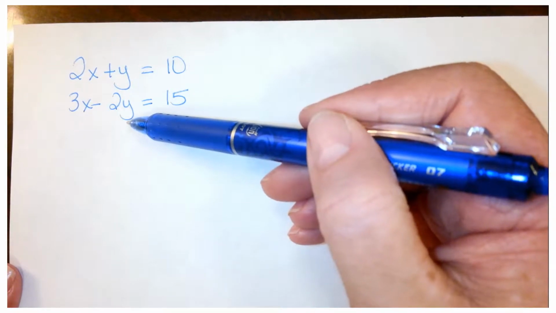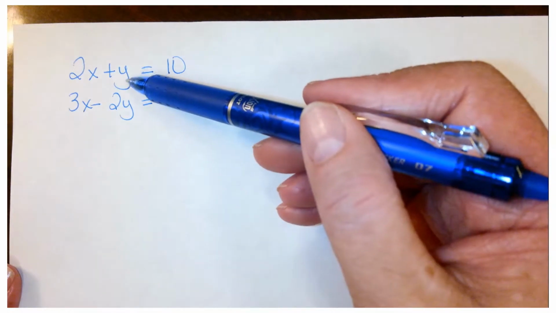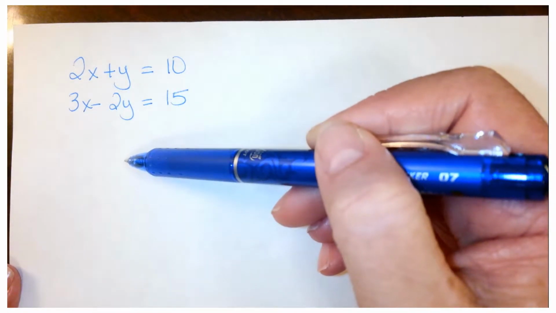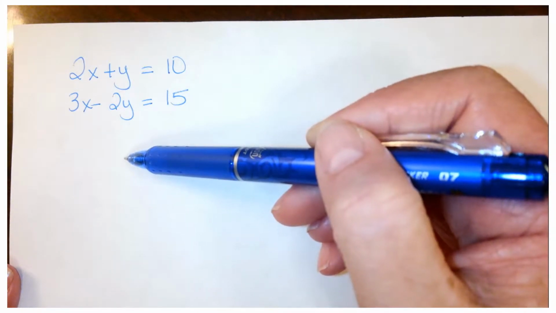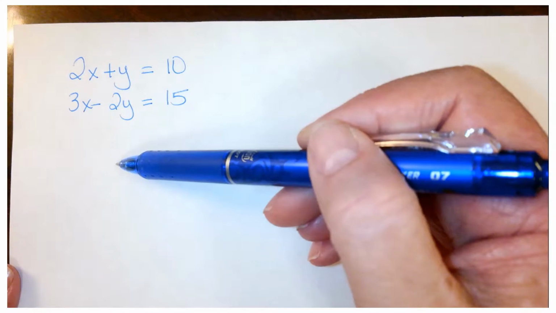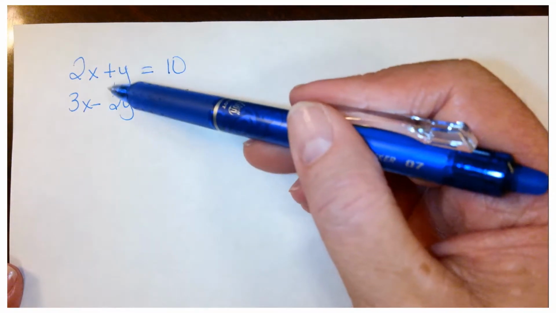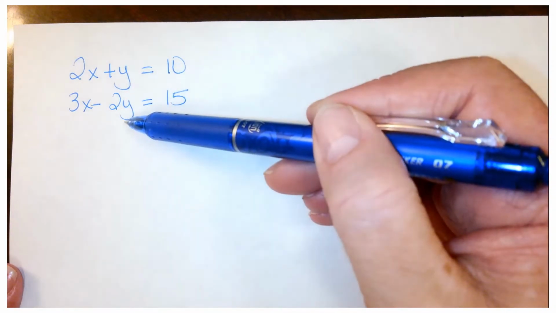But the problem is, if I was to add these two up, I would have y minus 2y, and that would give me negative y. That's not going to work out so well because I need this to eliminate. I need this to cancel. So what could I multiply this y by in order for this to cancel?